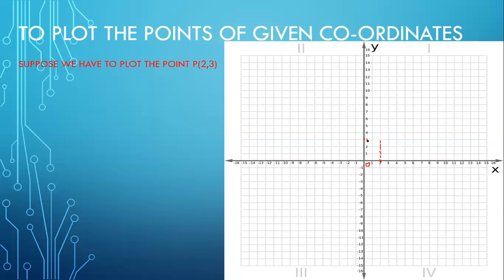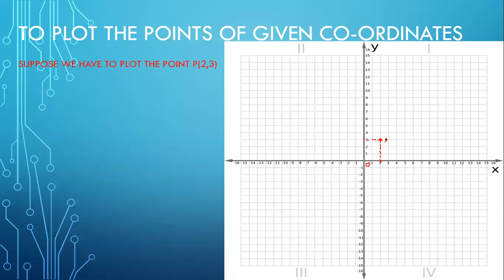And after that, we have to draw the line parallel to the x-axis from the y coordinate 3, like this. And if you notice, both these lines meet each other over here.